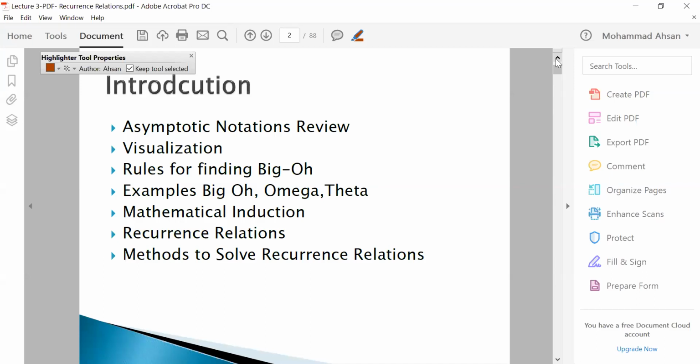So that is basically covered in the topic recursive relations. After that, we'll see what are the different methods to solve those recursive equations.